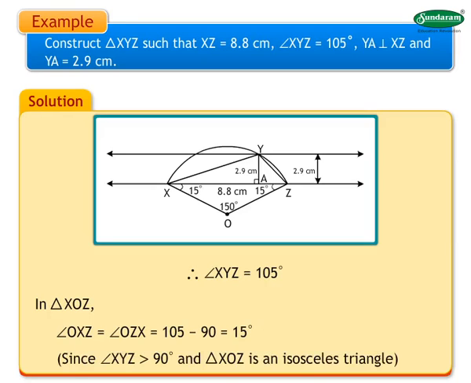Now we know how to construct angle XYZ of 105 degrees subtended by chord XZ.